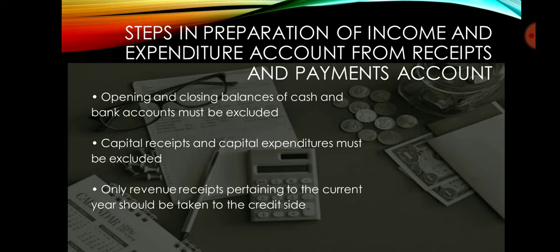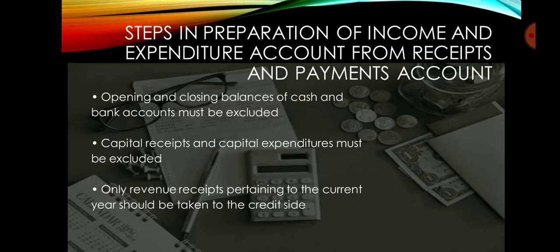Next, what are the steps in preparation of income and expenditure account from receipts and payments account? First, opening and closing balances of cash and bank accounts must be excluded. In the second step, capital receipts and capital expenditures must be excluded.